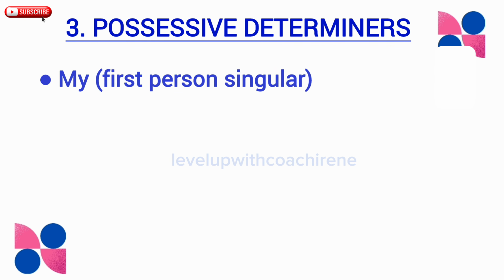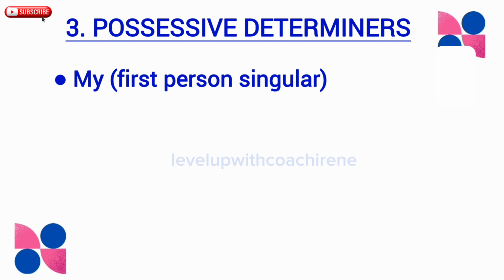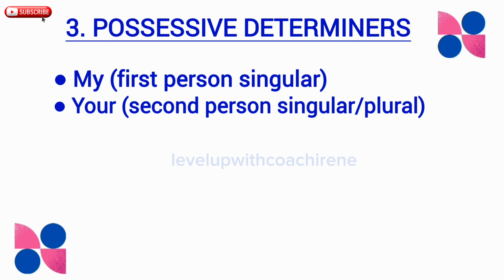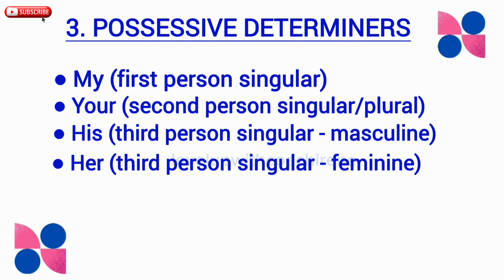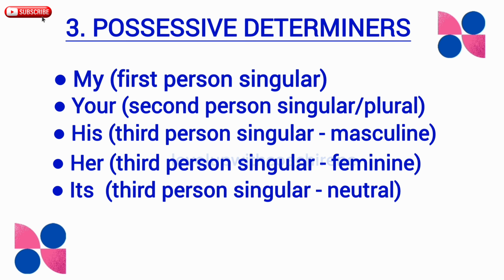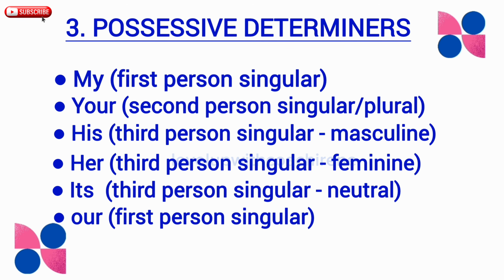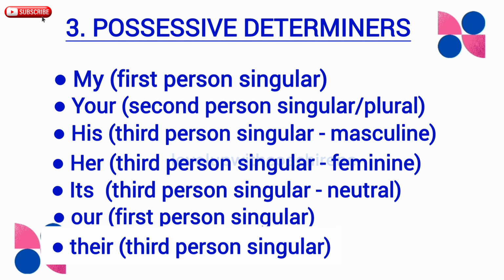They are used to indicate who something belongs to. They include my, first person singular; your, second person singular or plural; his, third person singular, masculine; her, third person singular, feminine; its, third person singular, neutral; our, first person plural; their, third person plural.